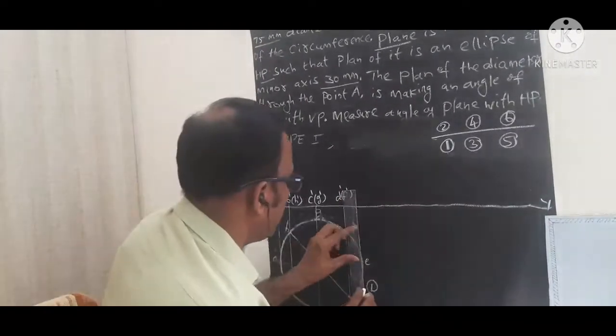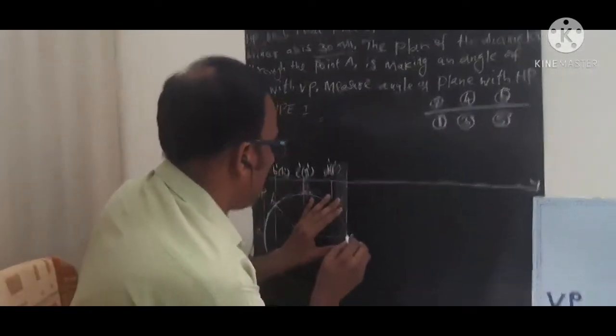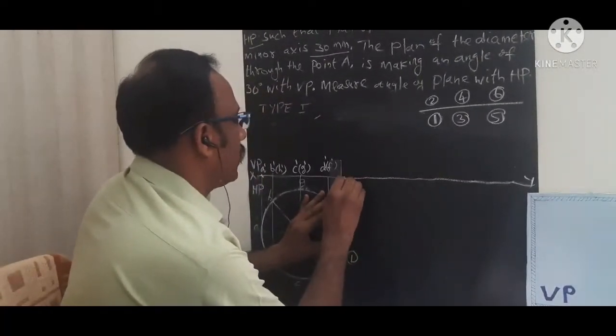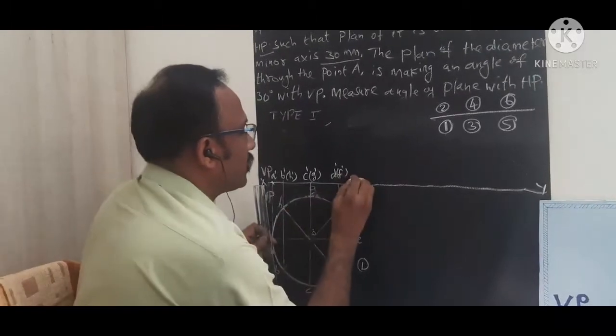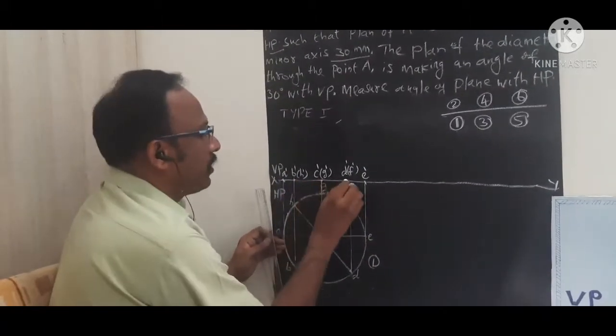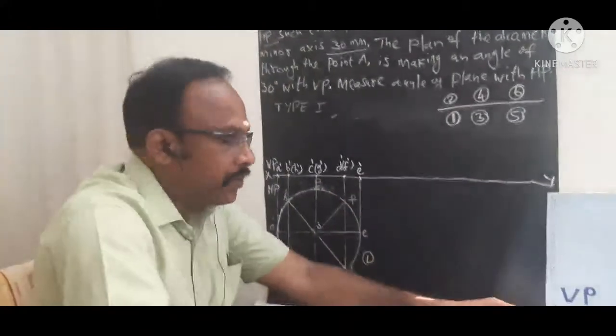The final point is e. From e I draw another vertical line, and mark this point as e dash. So you need to mark all these points on the XY reference line.